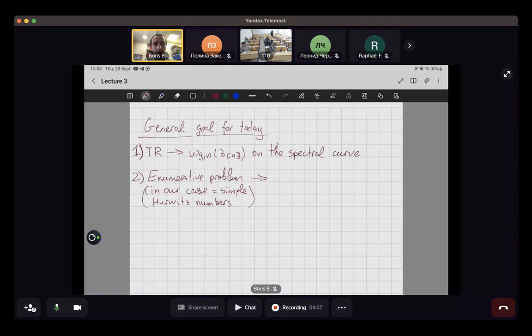It's the general goal for today, and to obtain it we start with a second, equivalent definition of Hurwitz numbers.